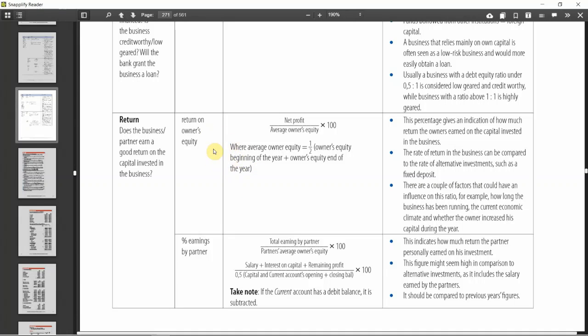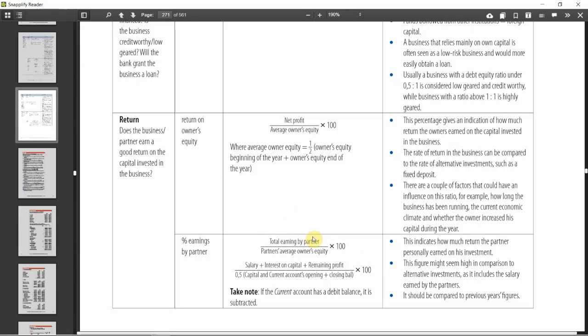Okay, so where the return on owner's equity focuses on the partnership as a whole, we also want to compare the various partners and see what each one of them, what their particular earnings are, to see for each partner if it is worth the while for that particular partner. So what we do is we look at the total earnings of the partners divided by the partner's average owner's equity, multiplied by 100 over 1 to get the percentage.